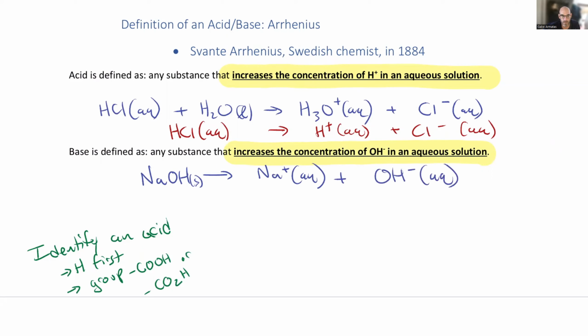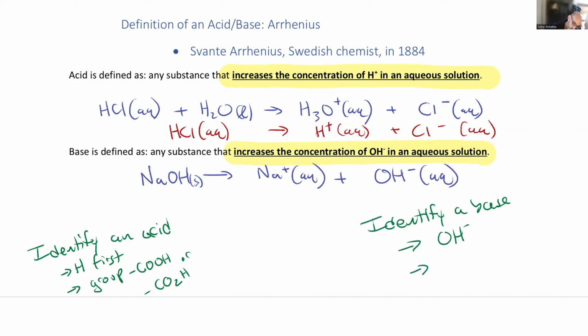That is identifying a base. How do I identify a base? For you guys, all you really have to worry about is looking for OH-. Is OH- present? If OH- is present, then you have a base.